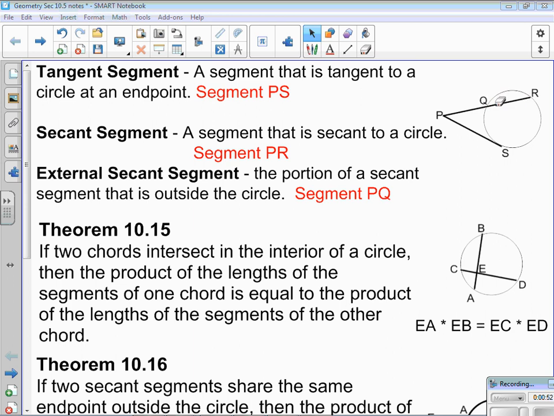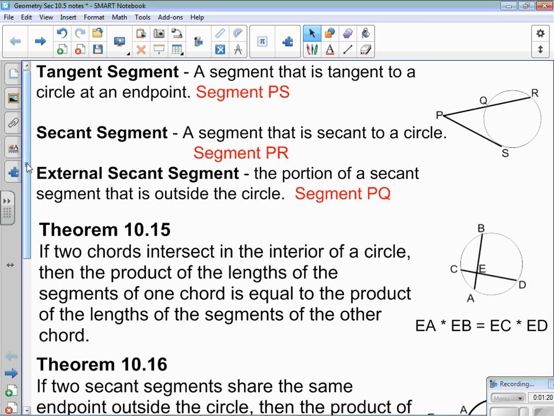We can also have the external secant segment, which is the portion of a secant segment that is outside the circle. So PR is a secant segment, and PQ is the external secant segment, or the part of that secant segment that's outside the circle.